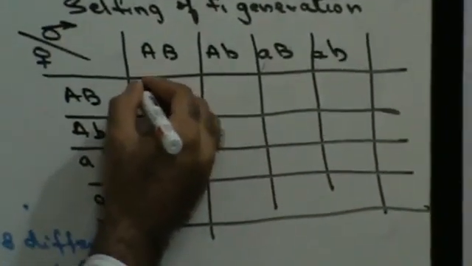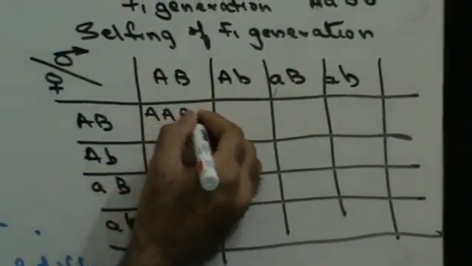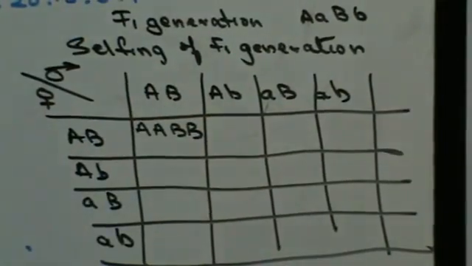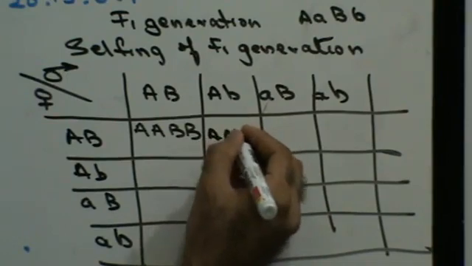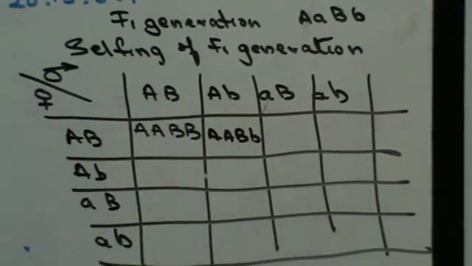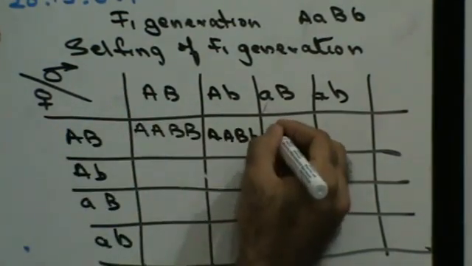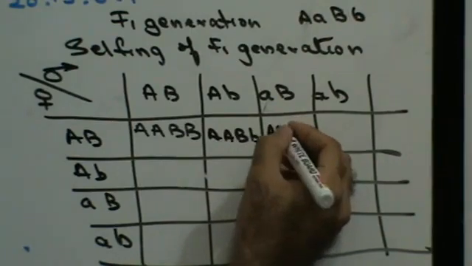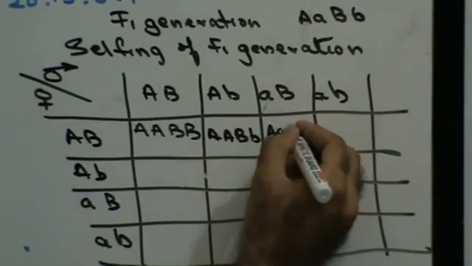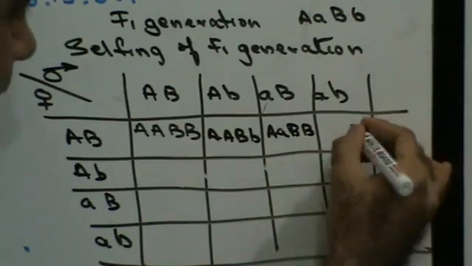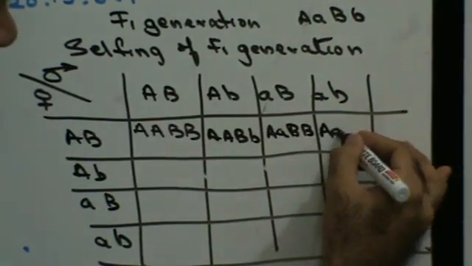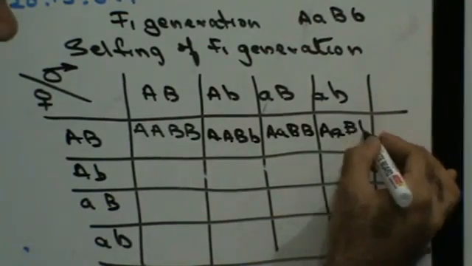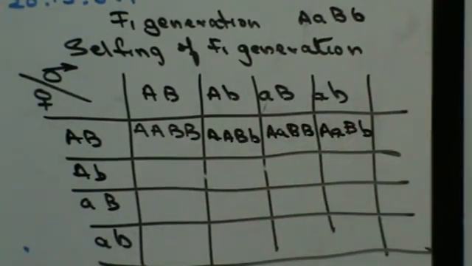So this would be AABB, right? Here you will get AABb, then AaBB, then here you would have AaBb, right?